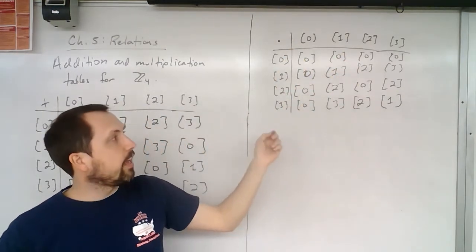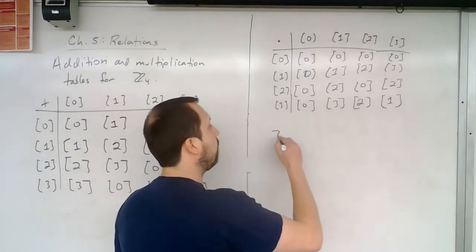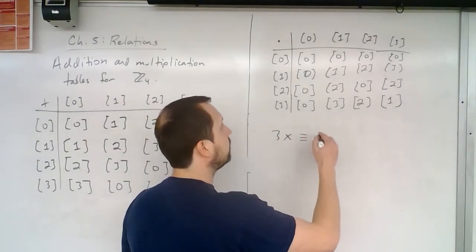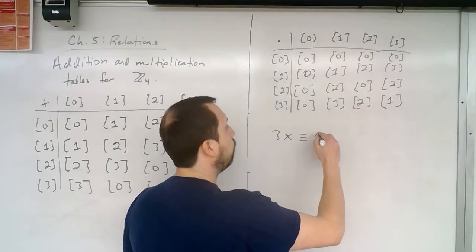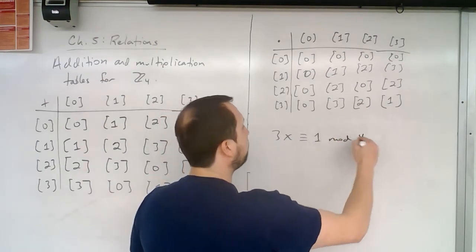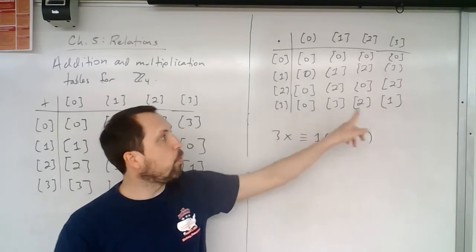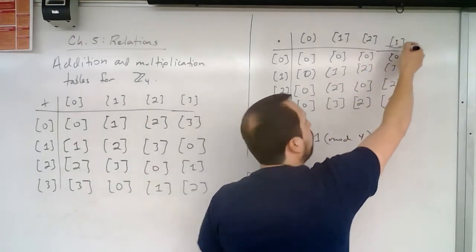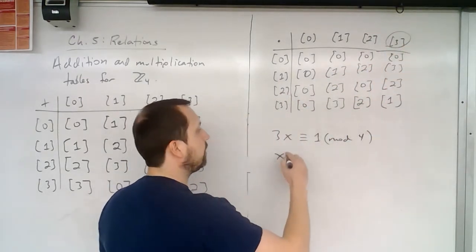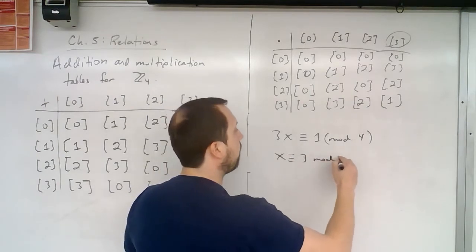But if I was to, for instance, solve 3x is equivalent to 1 mod 4, well, what do I multiply 3 by to get 1? Well, the only thing that works is 3. So I would see x is equivalent to 3 mod 4.